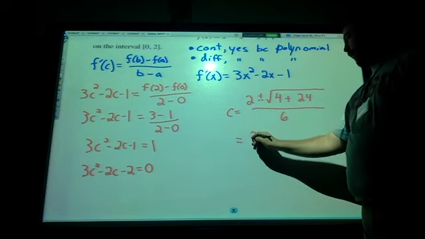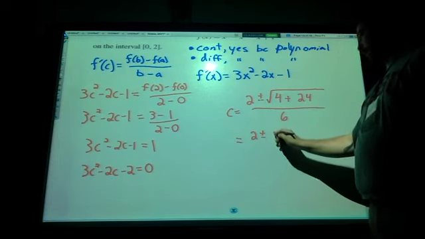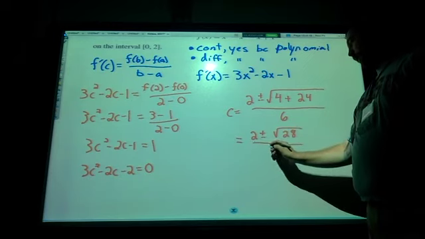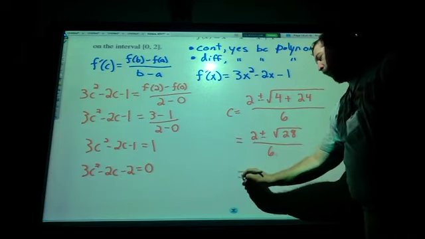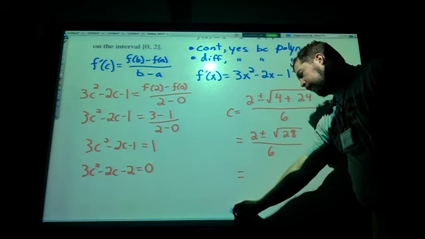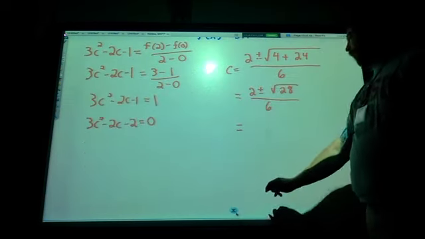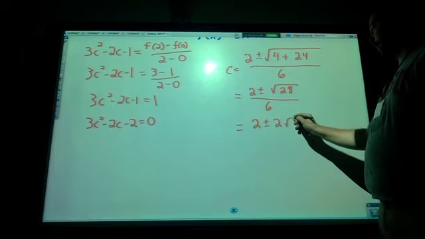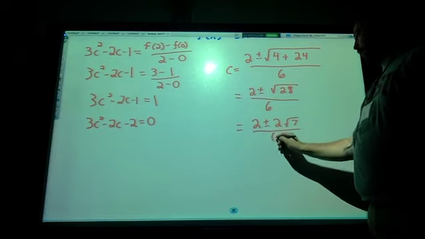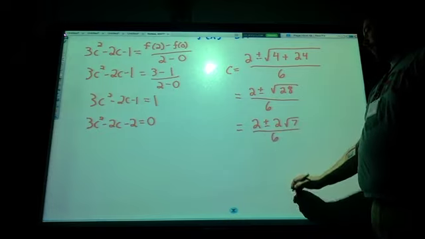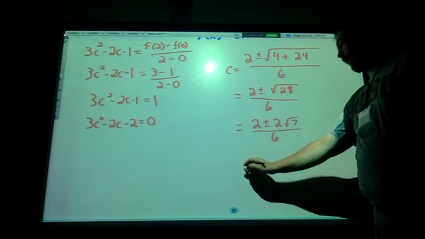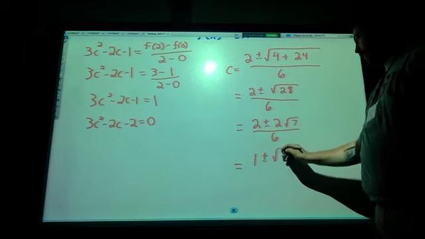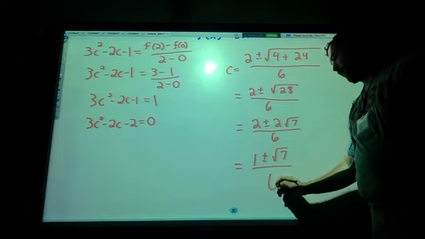Clean it up a little bit: 2 plus or minus the square root of 28, all divided by 6. 28 is the same thing as 4 times 7. So it comes out as 2 plus or minus 2 square root of 7, all over 6. If you divide a 2 out of all the constants and coefficients, you get 1 plus or minus the square root of 7, all over 3.